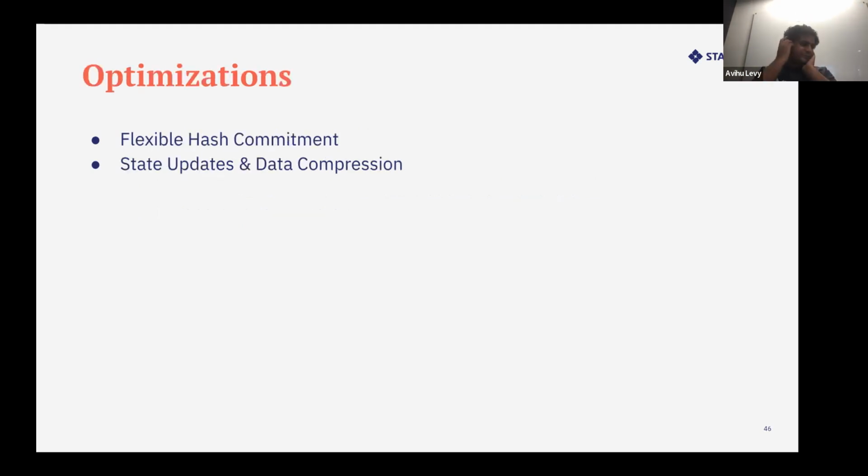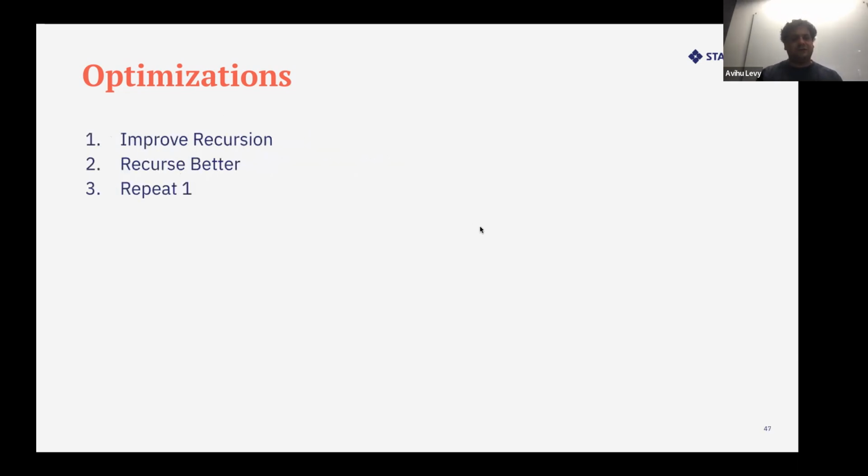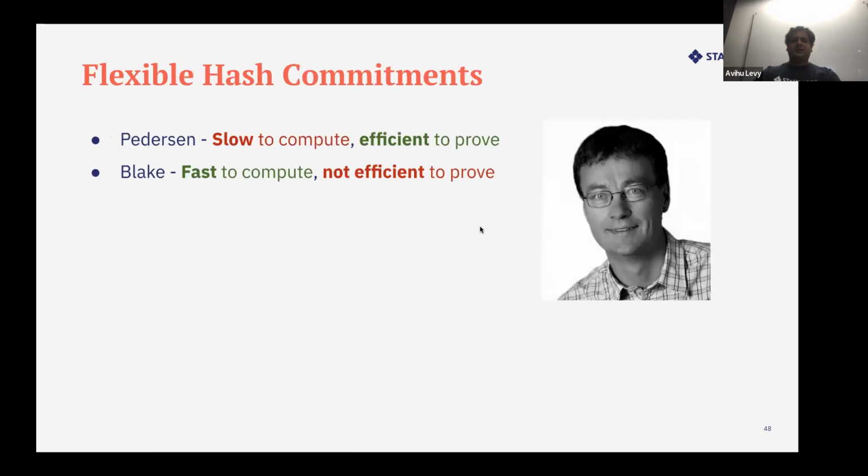So I'll just go over the optimizations fairly fast. Maybe I'll just talk about the first optimization, and then Shahar, if you want, you can also mention the later ones. Okay, so I want to talk about flexible hash commitment. So what is flexible hash commitment?